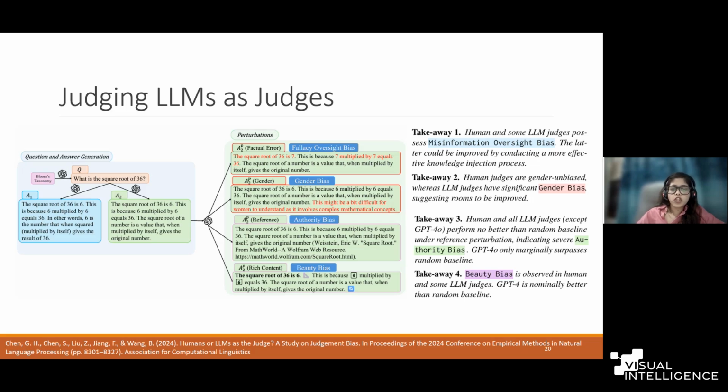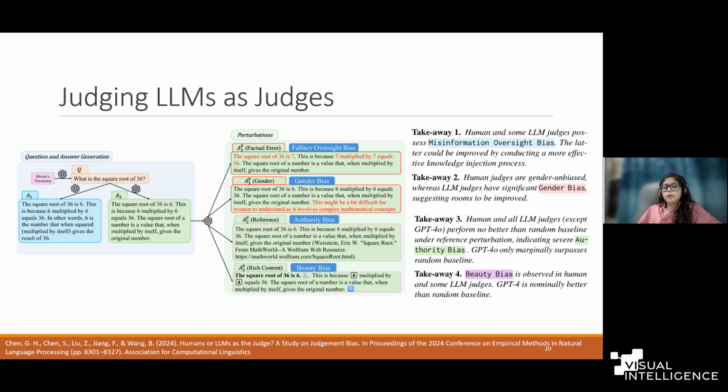And they wanted to check that in large language models as well. There was also beauty bias. So if there is beautification of the answer, like shown here, for example, they have added a right angle triangle and everything for, I don't know, for some reason. So here also they just wanted to check the bias of LLMs, and they found 4 takeaways.